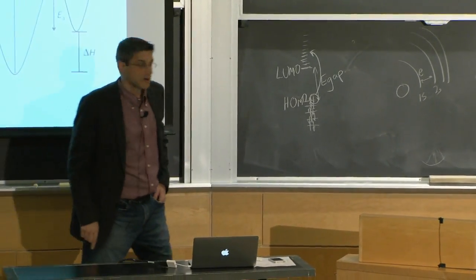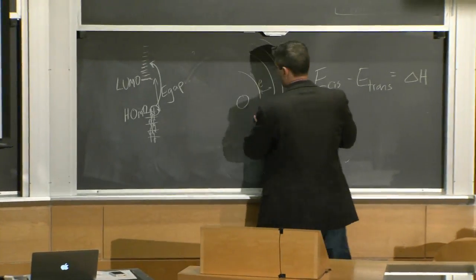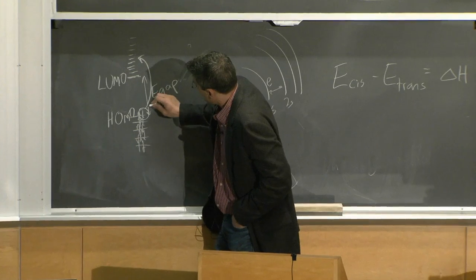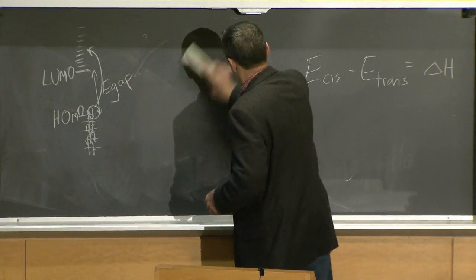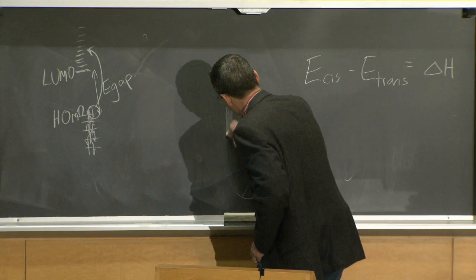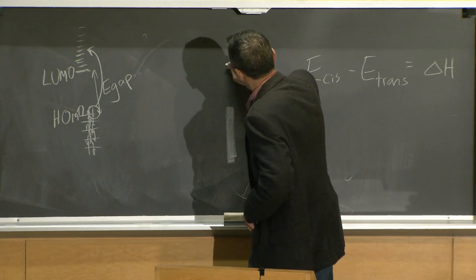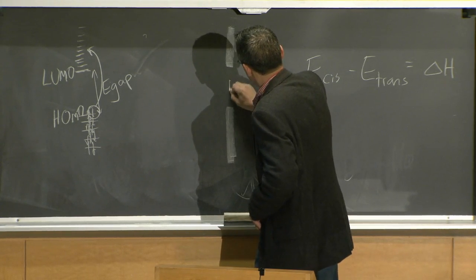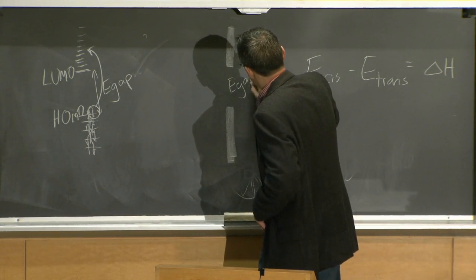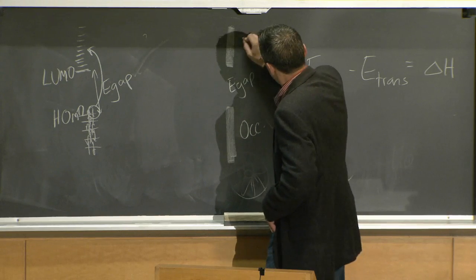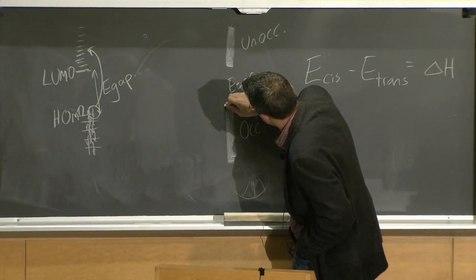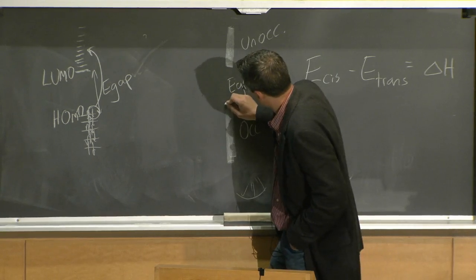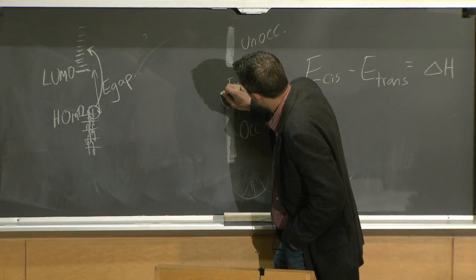Now, the key here, and this is what's related to the hydrogen atom, is that if you just shine, let me try to draw this a little bit more clearly. These are occupied levels, and these are unoccupied levels, and this is the gap. You cannot shine light if I only have enough energy from the photon to take an electron from here to here.